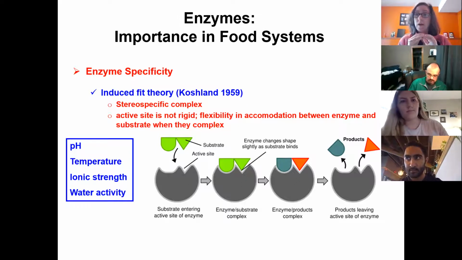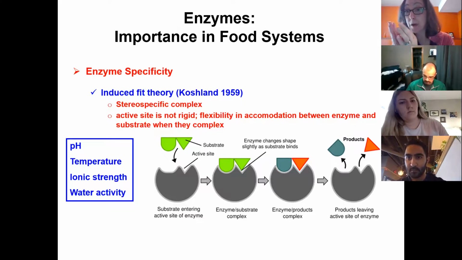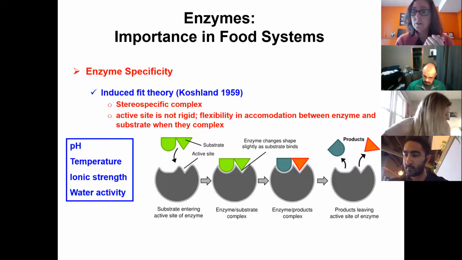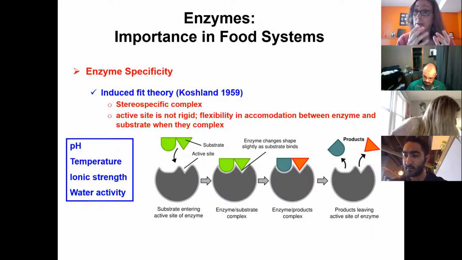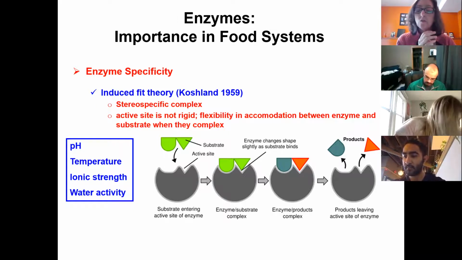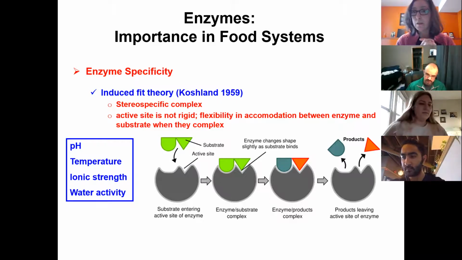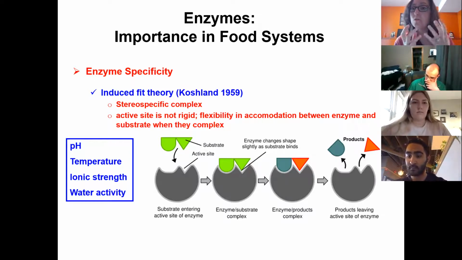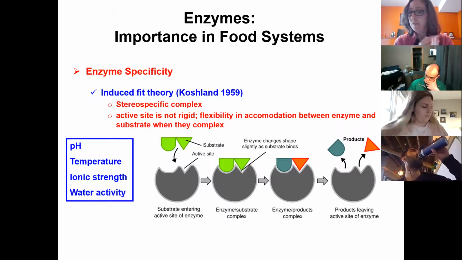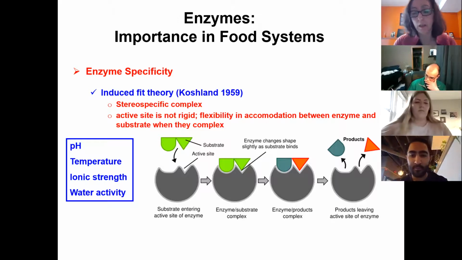So that's why you have to have a specific pH, a specific temperature, a specific ionic strength, and a specific amount of free water, water activity, available for the reaction. And that would impact the structure of the substrate and the structure of the binding site. So it's really not a rigid site, and it's impacted by environmental conditions, and it can mold and bend in a way to induce the stereospecific complex between the substrate and the enzyme.